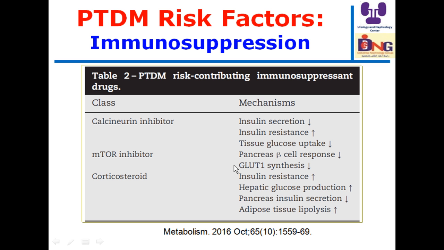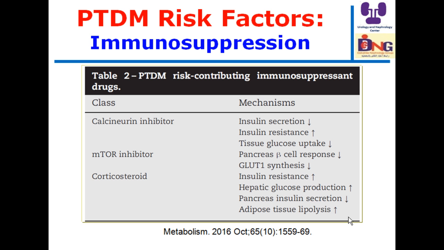Regarding mTOR inhibitors, they suppress pancreatic B cell response and GLUT1 synthesis. Corticosteroids increase insulin resistance, increase hepatic glucose production, decrease pancreatic insulin secretion, and increase adipose tissue lipolysis. So these are the mechanisms of diabetogenic potential of different immune suppressive drugs.